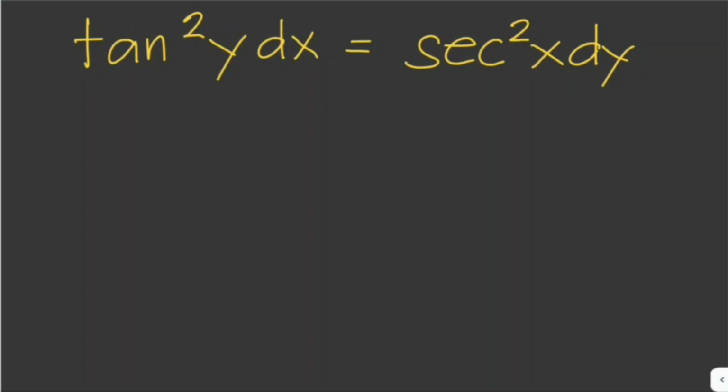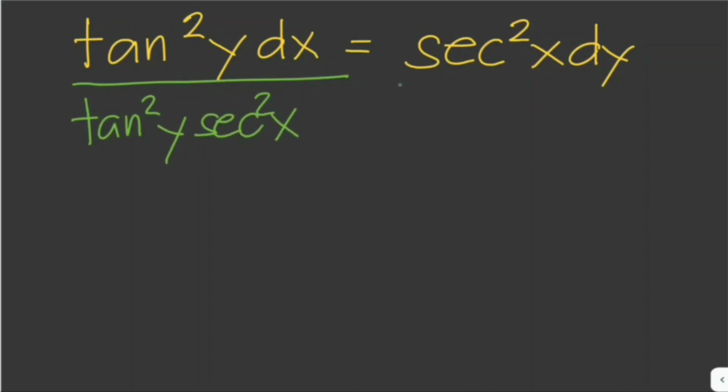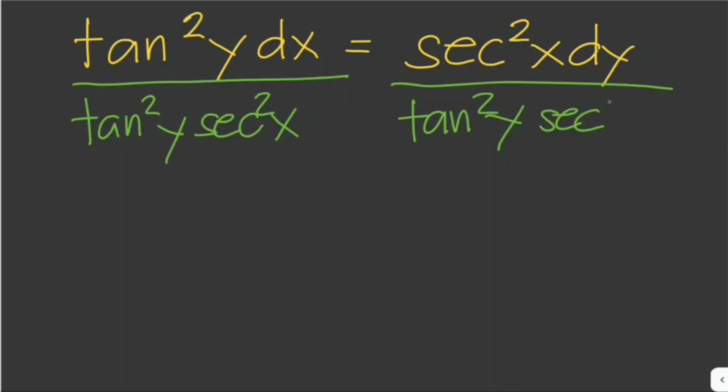So we can divide both sides by tangent squared y secant squared x, and then tangent squared y cancels out, and then secant squared x as well.